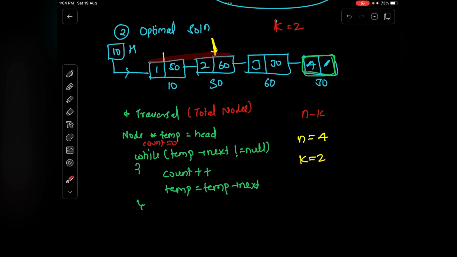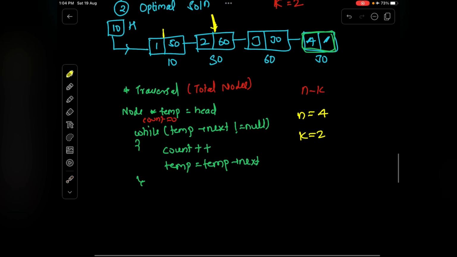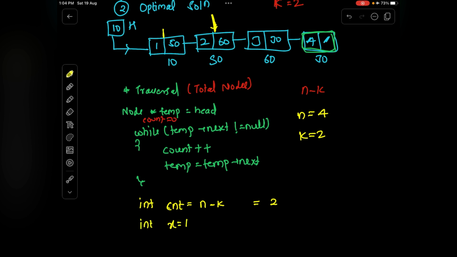But the point is, how will we know where I need to stop? So what I will do is, I will keep one extra variable, say for example cnt, right? How many nodes do we need to go? So we got the total number of nodes as n minus k, right? So what will be the value over here? This is 2. Now we'll keep one extra temporary variable, say for example x, which is at 1. Initially it's 1, right?